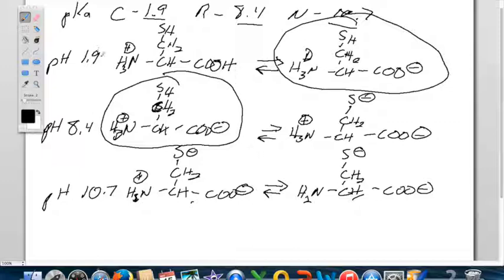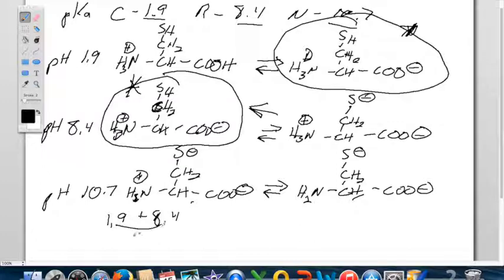Because remember, as we increase the pH above 1.9, we're going to get more and more of this structure right here. If we start out at 8.4 and we decrease the pH, so we're going this way, we're going to get more and more of the structures in this uncharged form.